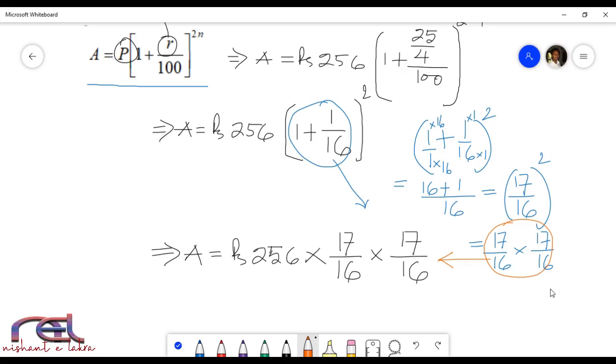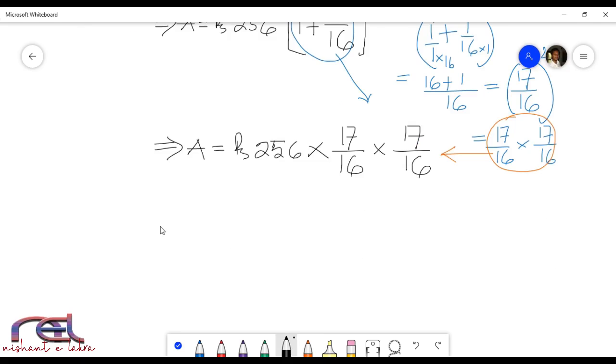This is just a rough part. You don't have to show it in this solution, but you can show it in the rough part on your answer paper.